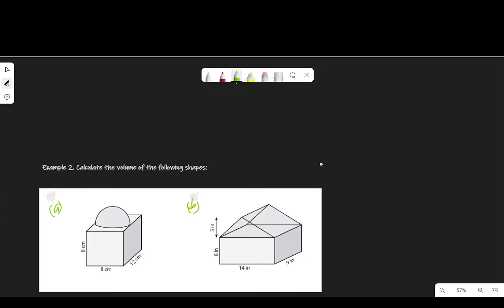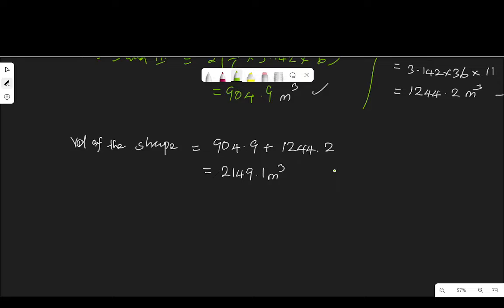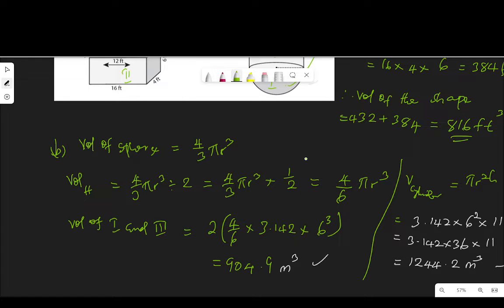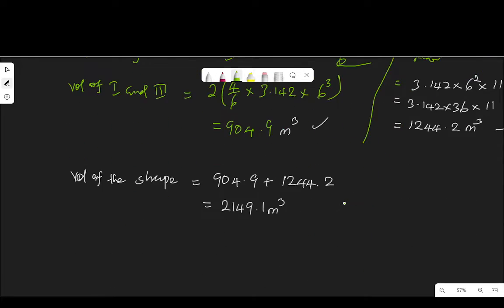practice on your own. Then for this A, I have a hemisphere right here on top of this rectangular prism. So volume of this shape would be the volume of the hemisphere plus the volume of the rectangular prism. And from example 1, we have established that the volume of the hemisphere is 4/6 pi r cubed.